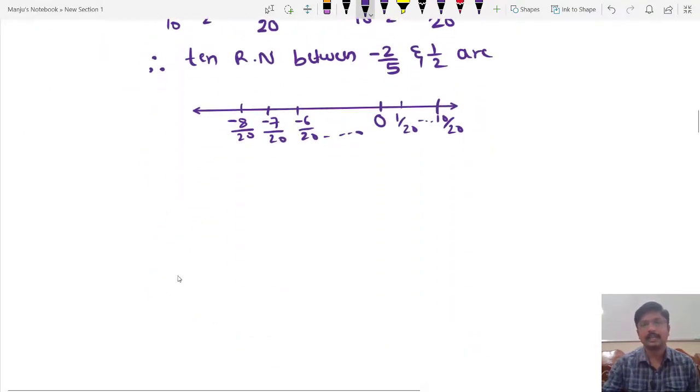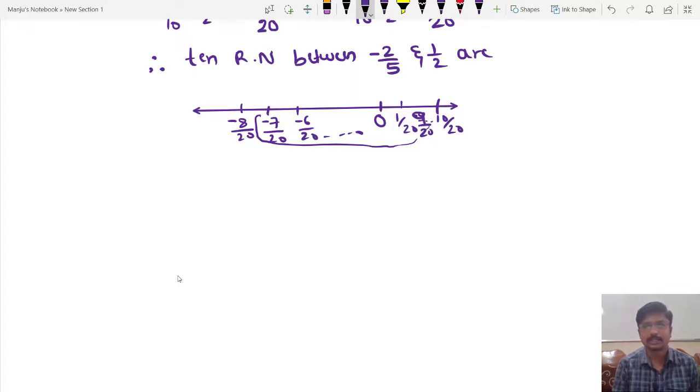We have to write 10 rational numbers between minus 2 by 5 and 1 by 2. Therefore, you can consider rational numbers from minus 7 by 20 to 9 by 20. Just write down any 10 rational numbers.